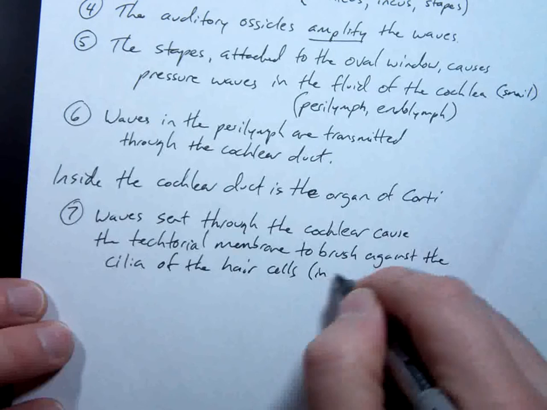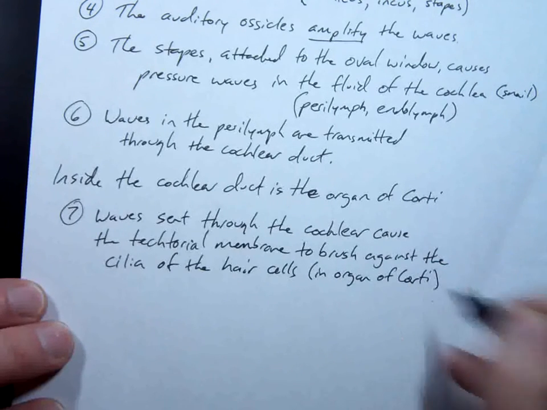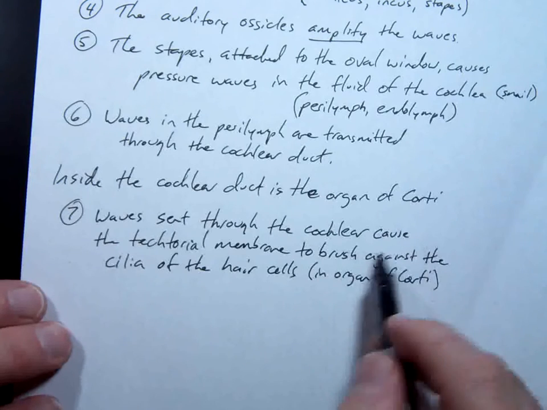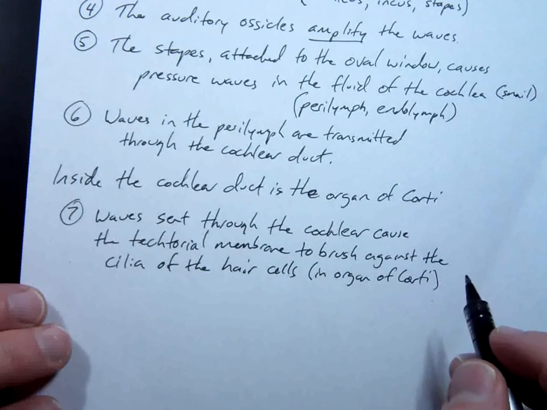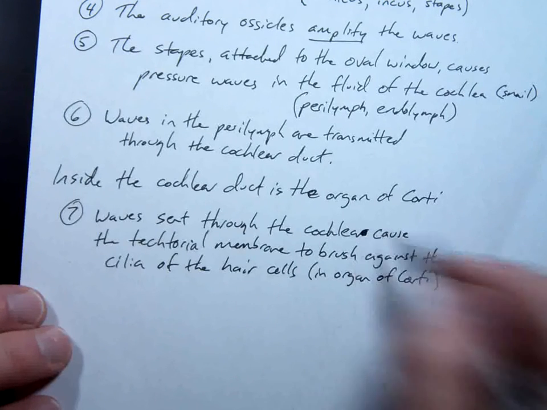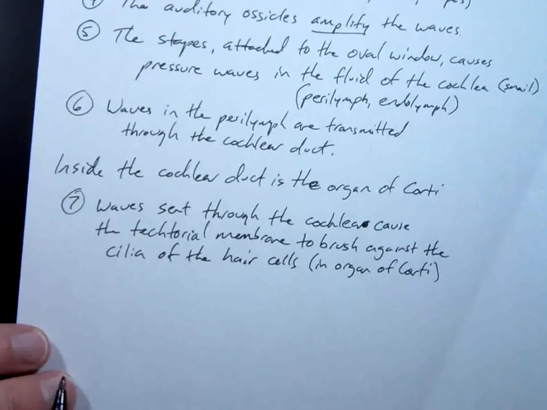What's that word after cochlea? Where are we at? Sent through the. Oh, why did I write cochlear? All right, yeah, it should just be cochlea. Cochlea cause the tectorial membrane to brush against the cilia of the hair cells. Sorry about that, gang.